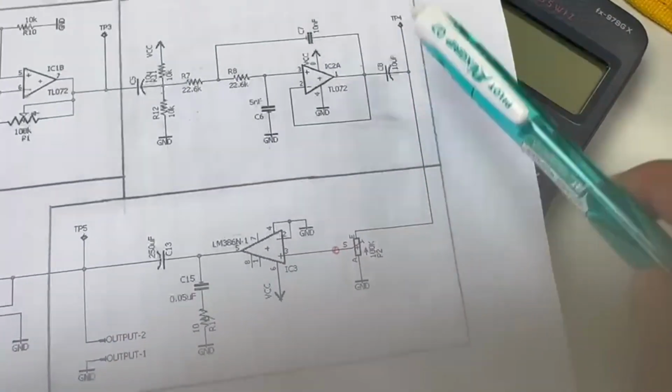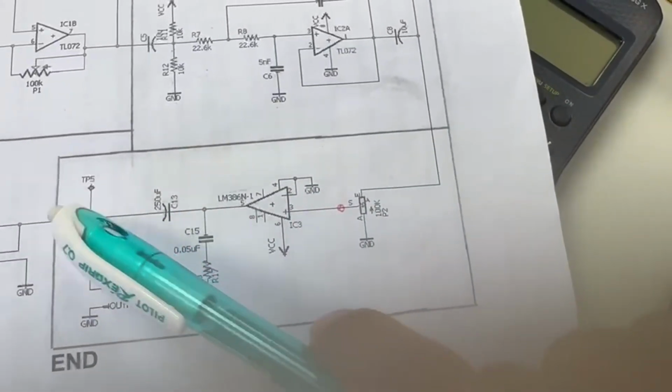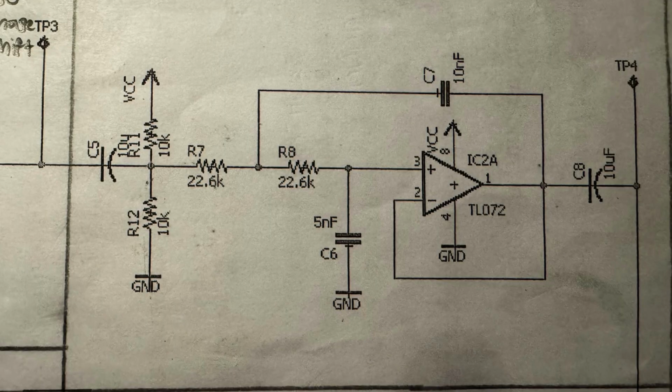Now we test TP4 and TP5, which is the final stage that uses an audio amplifier. Unlike the previous operational amplifiers, the audio amplifier provides both voltage gain and current gain, allowing it to produce a stronger output signal.